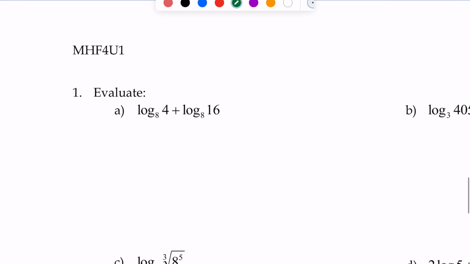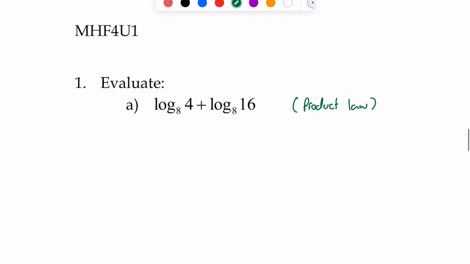So this right here, this is our product law. And how do I know? Well, look, this is base B, same base. So it's like me saying log B of M plus log B of N. So if I have this being my M and this being my N, the law says, well, rewrite it as the same base B, but just multiply the two.